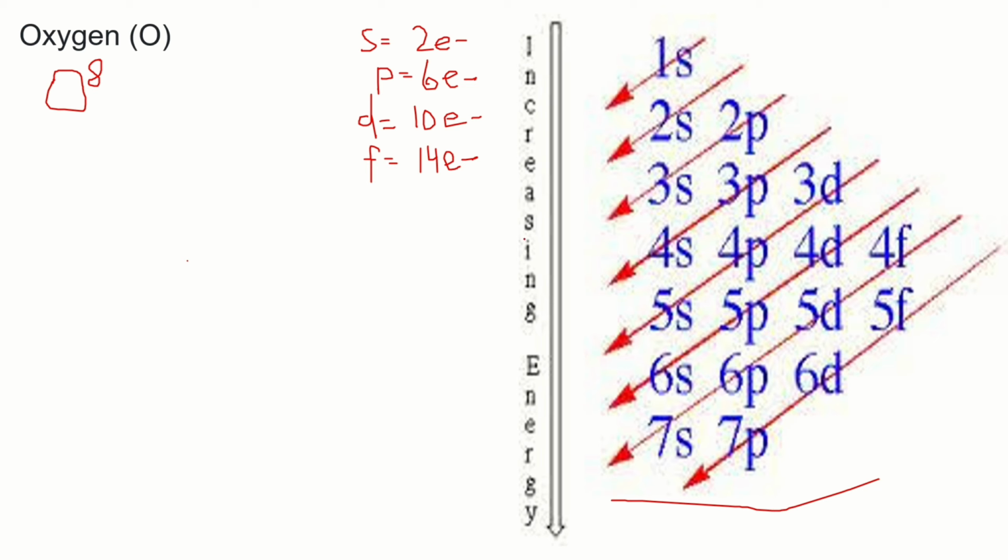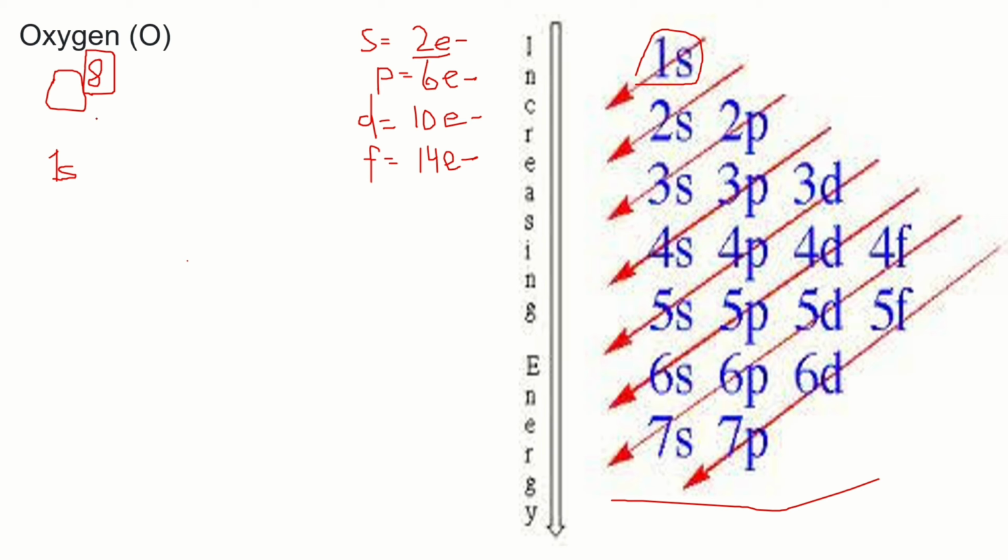Let's start with the low energy. We have here the 1s. So let's write 1s. The maximum number of electrons that the S sublevel can hold is 2. We have to reach 8 electrons.